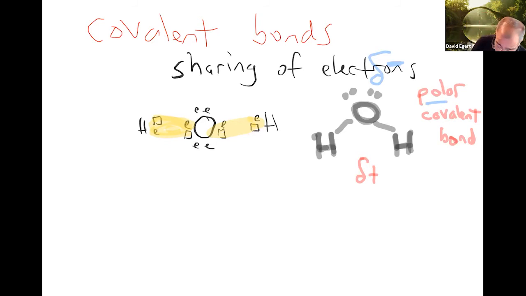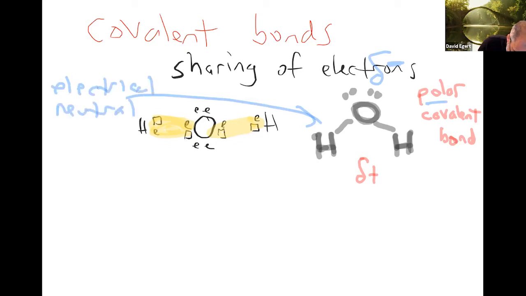Overall, it's electrically neutral. It's not an ion. It has an equal amount of protons and electrons, but the distribution of the charge in space is not symmetrical. So one side of it is more negative, one side is more positive.